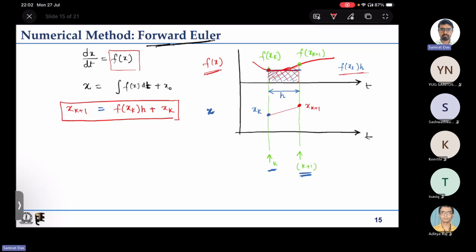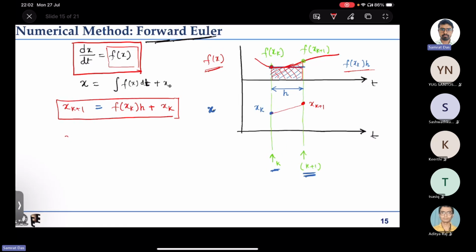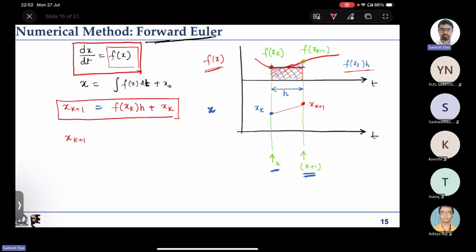Now if I want to come to the same equation from the first case, that is dx/dt equal to f of x, then dx/dt for all cases will be written as xk plus 1 minus xk divided by h, and for forward Euler this is equal to f of xk.